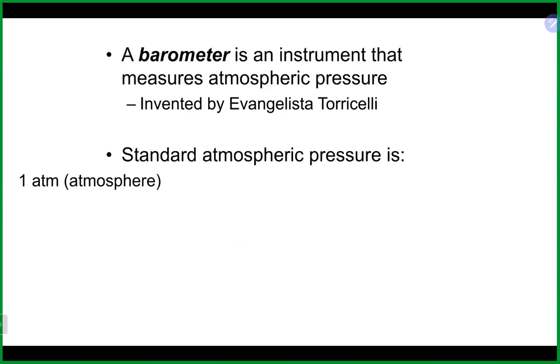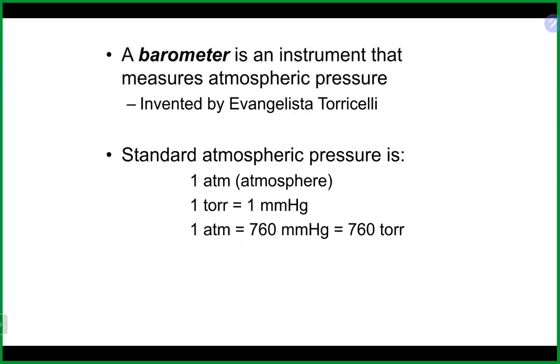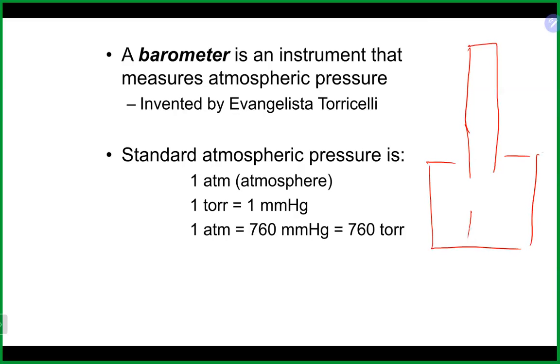Now a barometer, which was invented by a guy named Torricelli, is an apparatus that is used to measure pressure. Old barometers, much nicer picture on the next page, used to have a pool of mercury and a tube in it.